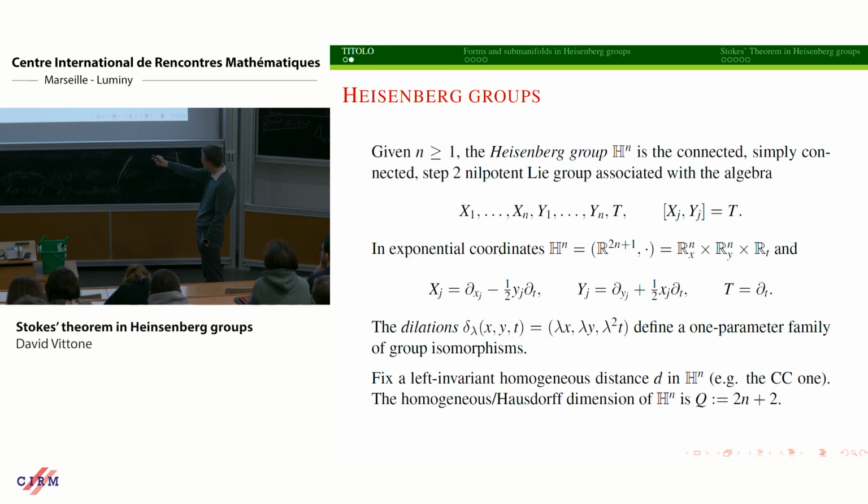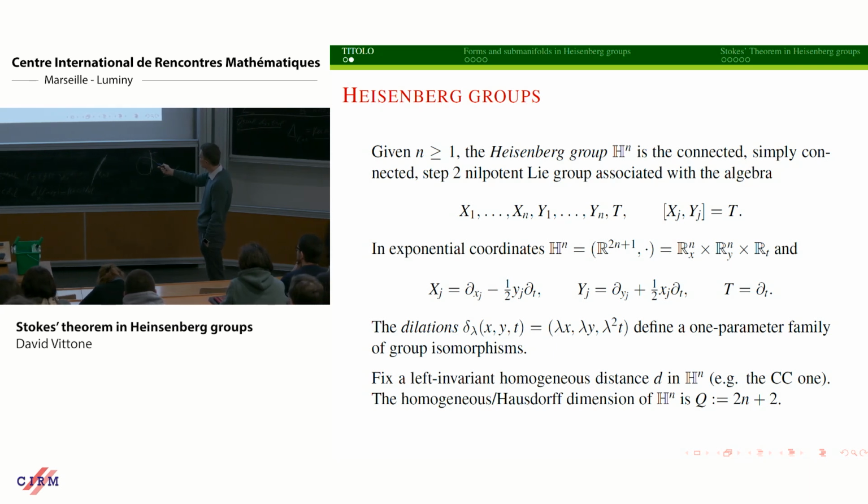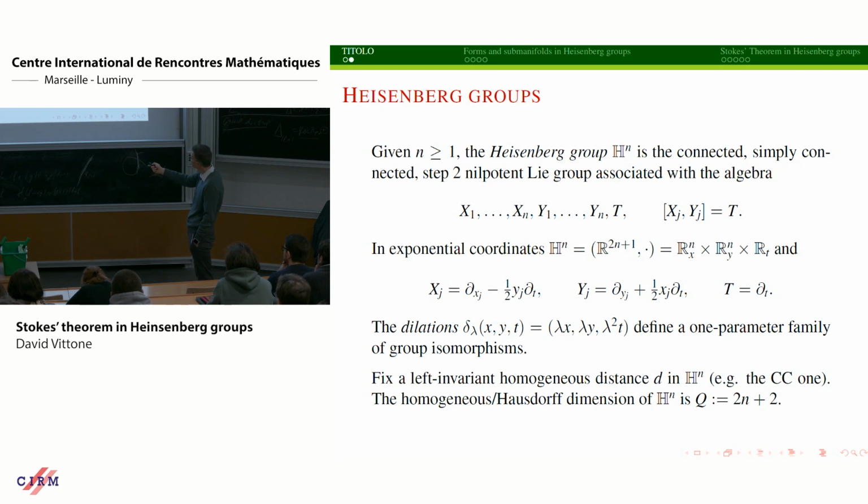We scale linearly in lambda in the first 2n coordinates and with the square of lambda in the vertical component. This produces a group isomorphism.